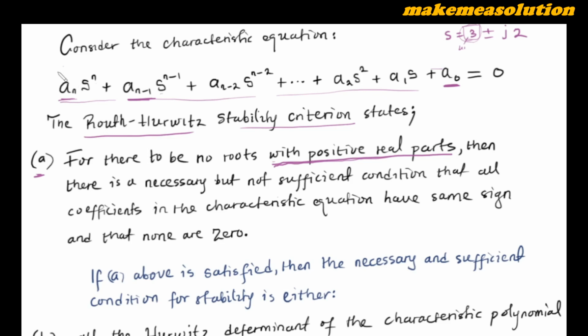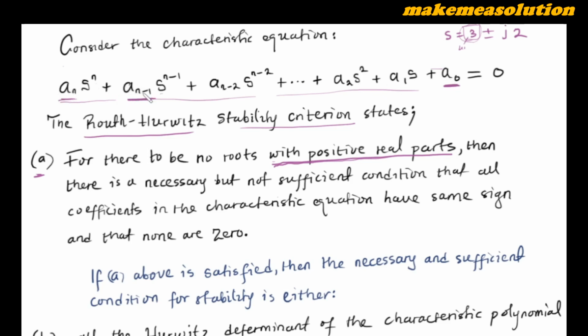It means that if I have my characteristic equation like this, and I want to be sure that I'm not going to get a positive root, or a root having a positive real part, then the first criterion is that all the coefficients in this characteristic equation must have the same sign. Whether it's plus or minus, all of them must have the same sign, and none of them should be zero.